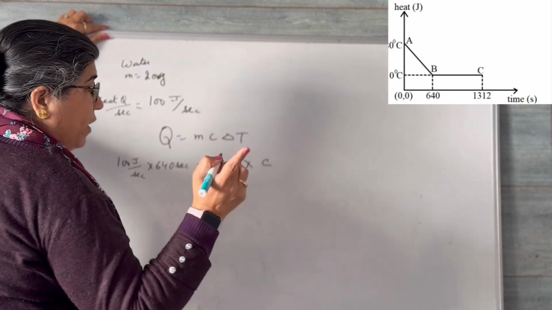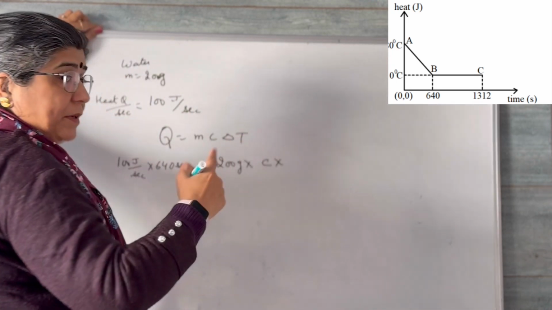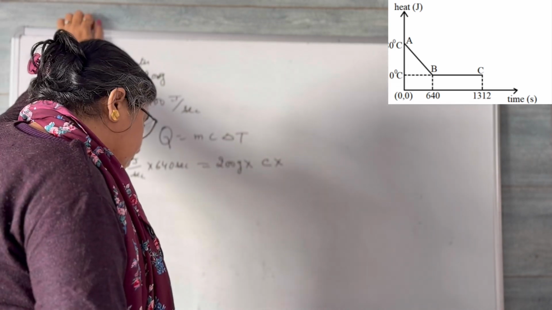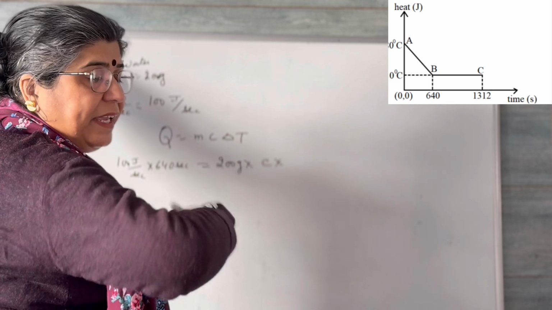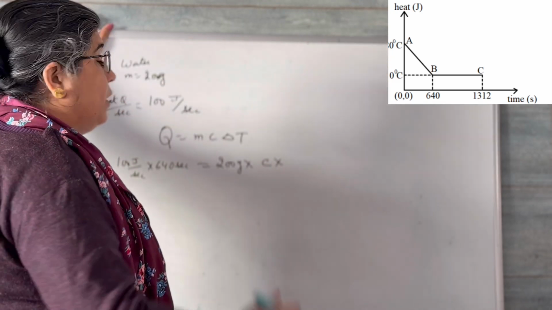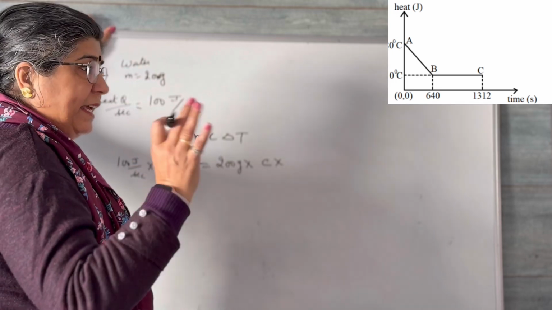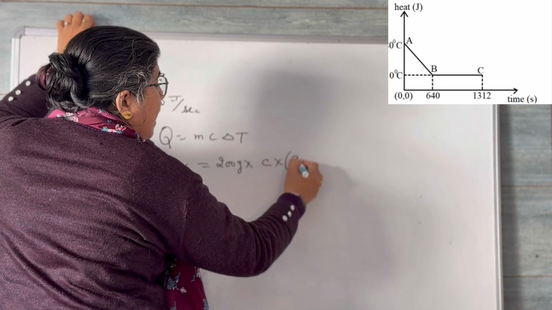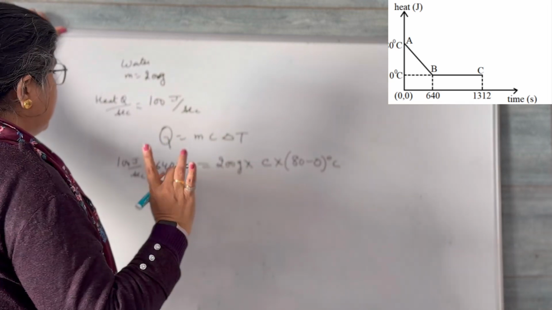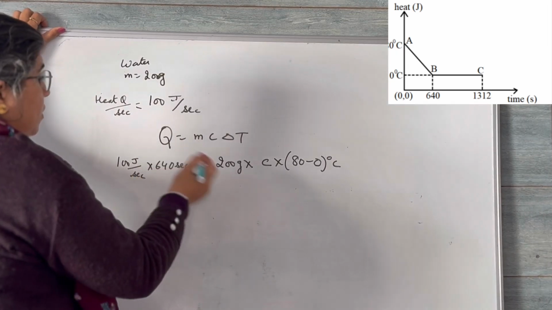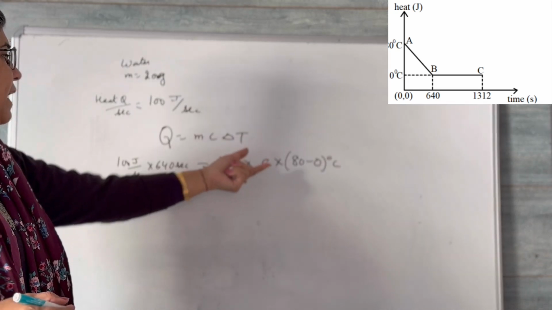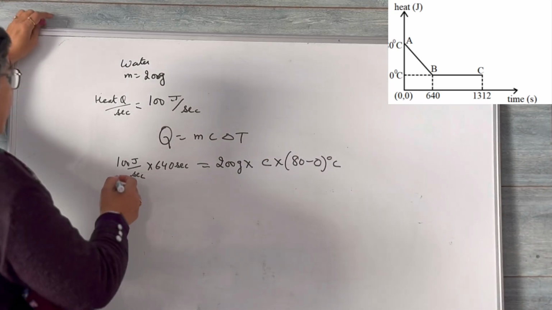C you have to find. Change in temperature from the y-axis: from 80 you have come to 0. You are extracting heat from water, so the temperature is decreasing from 80 to 0. But delta T you always write as higher minus lower. Please remember this. So everything will come in joules per gram per degree centigrade.